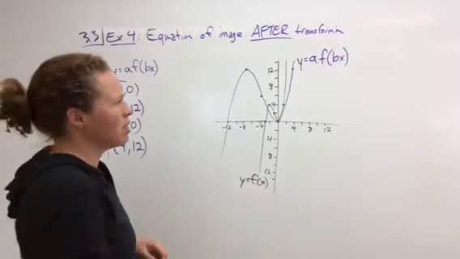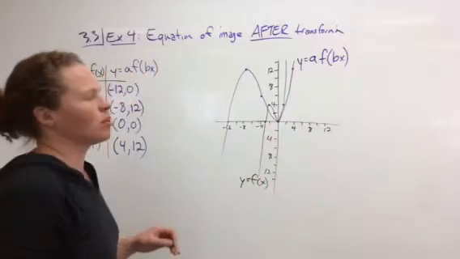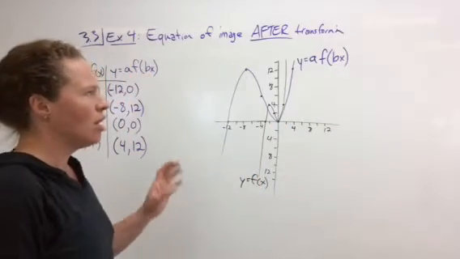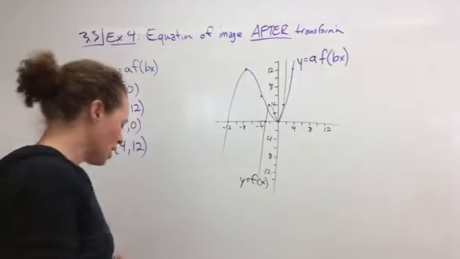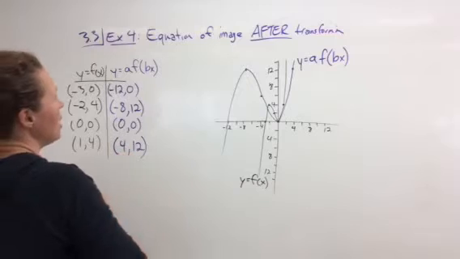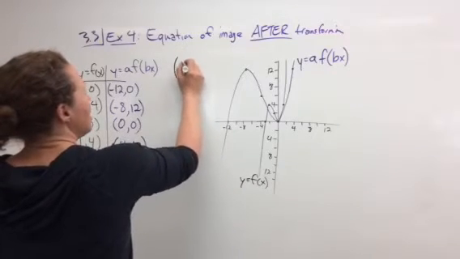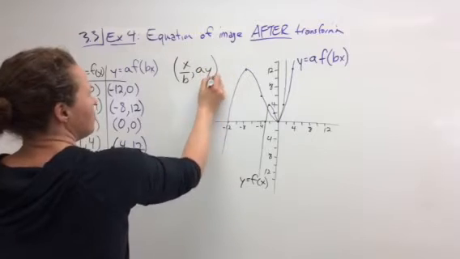Y equals f of x becomes y equals a times f of b times x. So what we're really looking for is what are the values for a and what are the values for b. You might remember that we can write a new set of points as x over b and a times y.